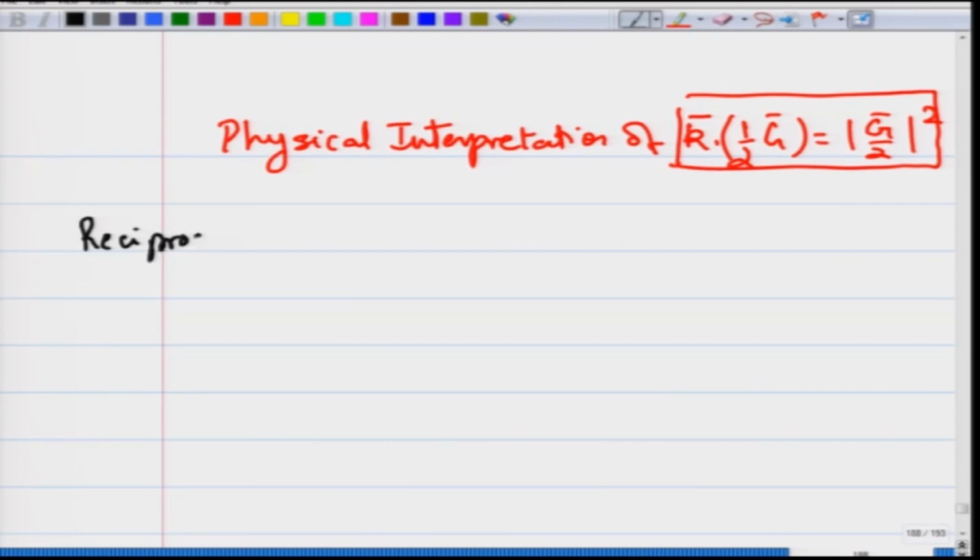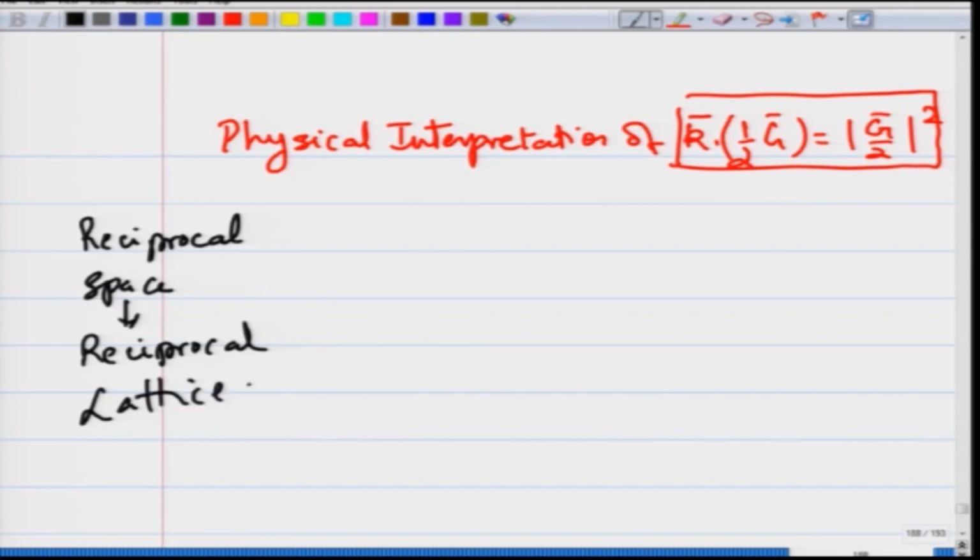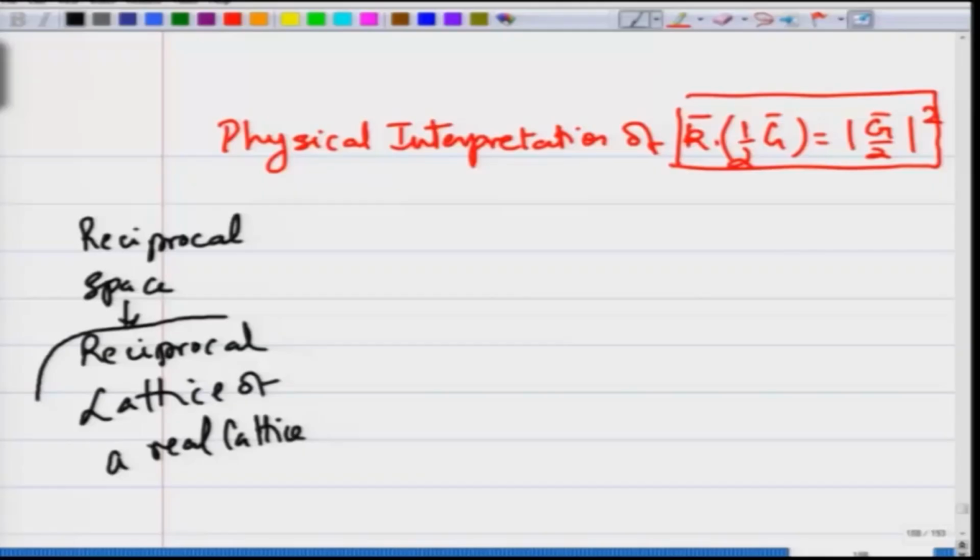Let us go to reciprocal space and look at the reciprocal lattice of a real lattice. Given a real lattice corresponding to some crystal, you can also make its reciprocal lattice. So, let us look at the reciprocal lattice of a crystal.